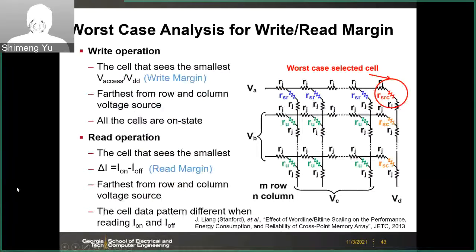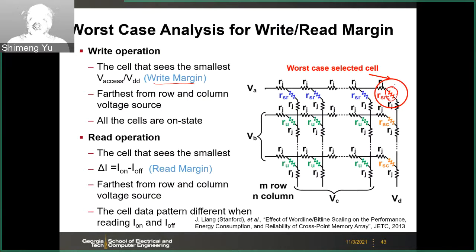So here you have to consider all the wire resistance in the netlist if you want to study this problem. And I will skip the details. But here what we care about is the write margin. The write margin is defined at the last cell along the wire line.